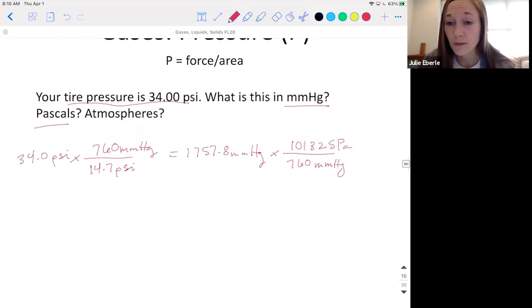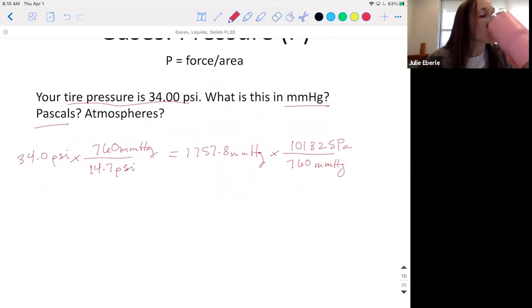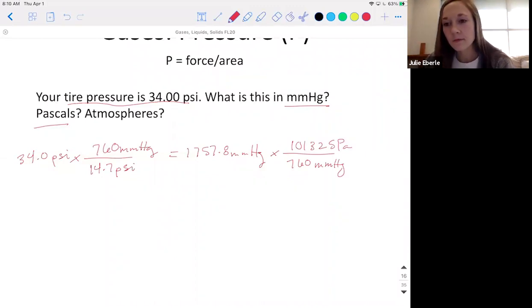So it should be a really, really big number because, again, pascals are the smallest unit. So it takes a lot more of them to be equivalent to the other units. Anybody got it?